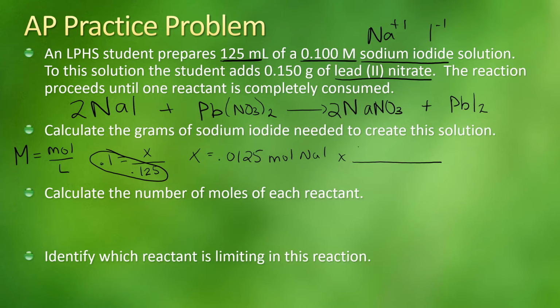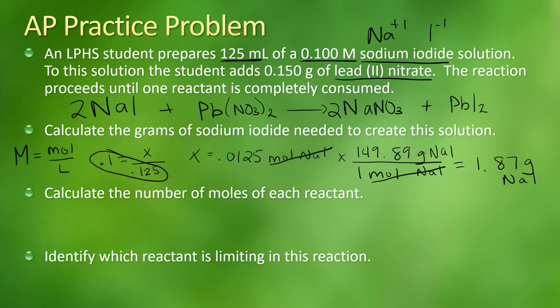I get 149.89 grams for every 1 mole of sodium iodide. You'll note my moles cancel here. Multiplying across the top, I should find that I have 1.87 grams of sodium iodide.